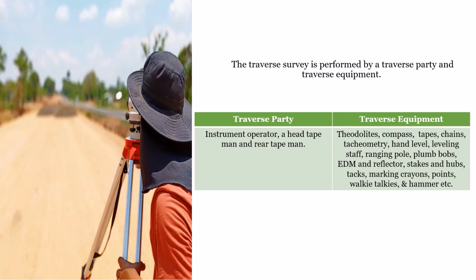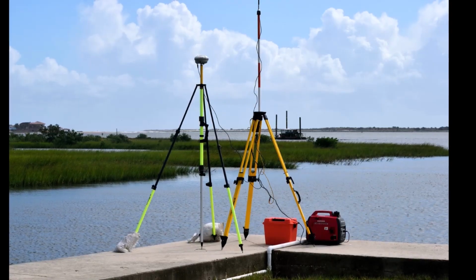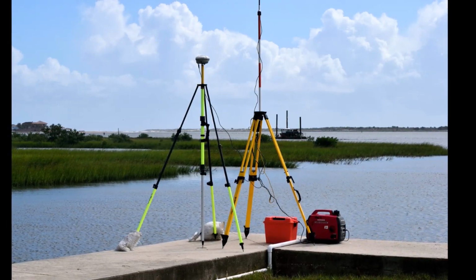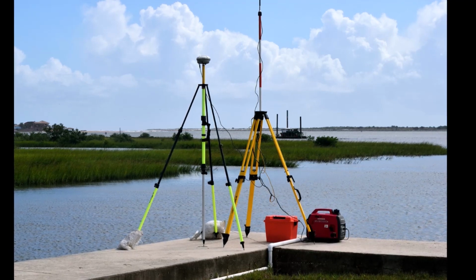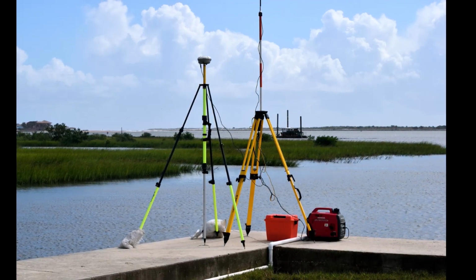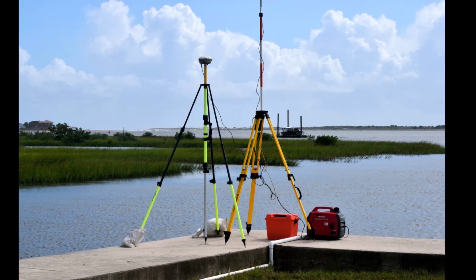Traverse equipment used for traverse survey includes theodolites, compass, tapes, chains, tachymetry, hand level, leveling staff, ranging pole, plumb bobs, EDM and reflector, stakes and hubs, tags, marking crayons, points, walkie-talkies and hammers, etc. The instrument that is used for traversing depends upon the method of traversing that is employed, which is actually selected during the reconnaissance period of this particular site.